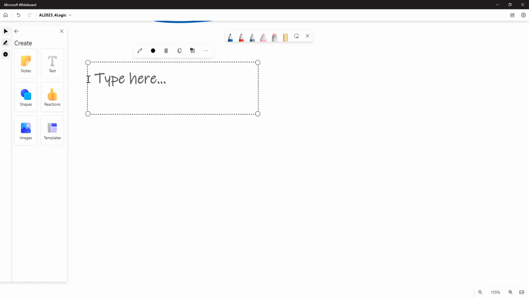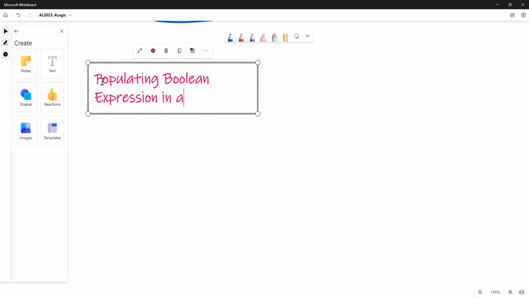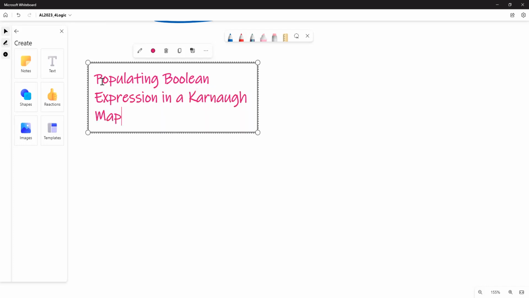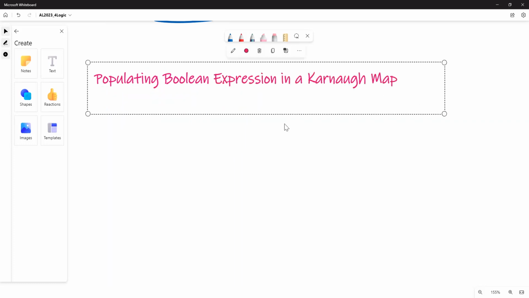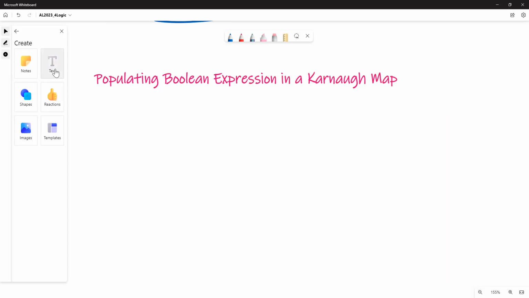We can say, let's write down populating a Boolean expression in a Karnaugh map, right? So we are going to discuss how we can populate this one.